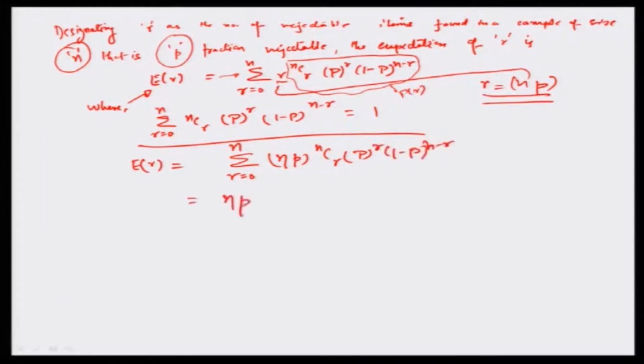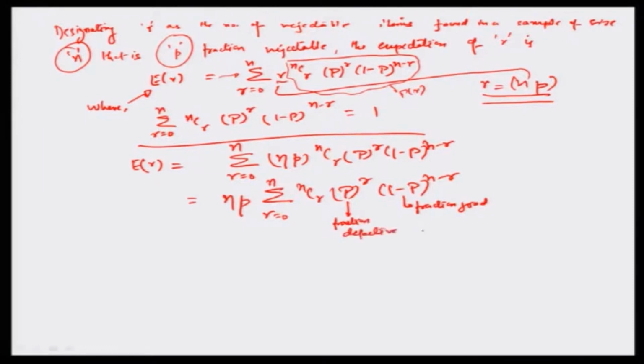The np is taken as a constant, and we have sigma r varying between 0 and n of nCr p to the power of r (1 minus p) to the power of n minus r. This is the fraction good, this is the fraction defective, and so obviously this whole expression comes out to be 1, and you can say this E(R) is np.